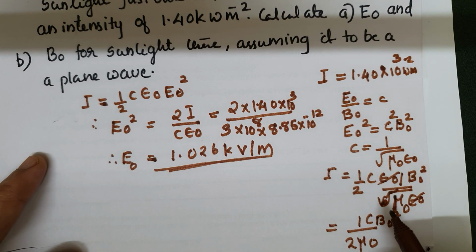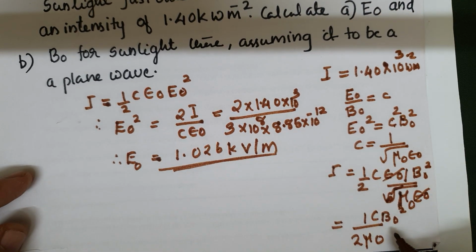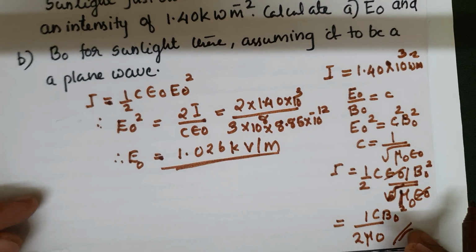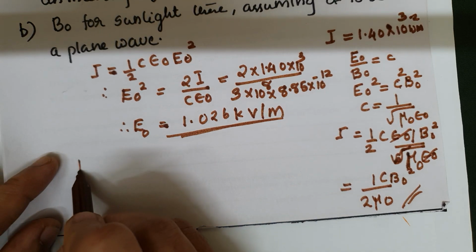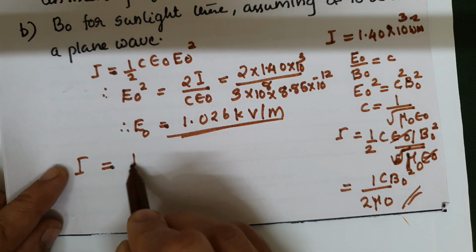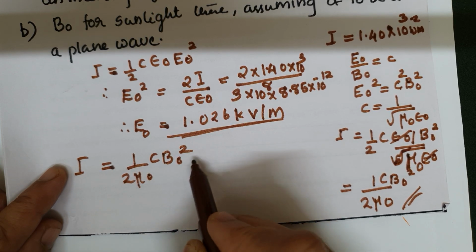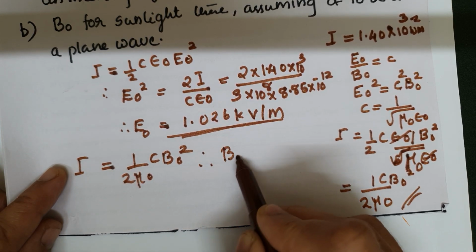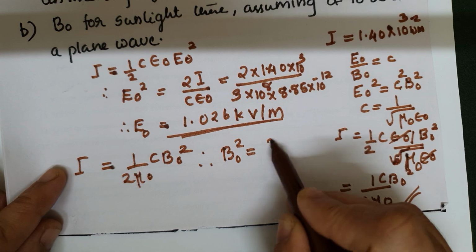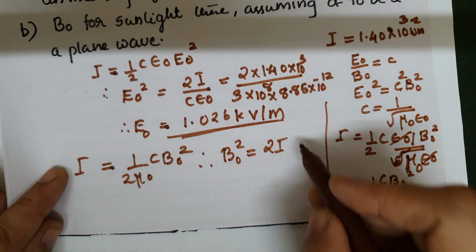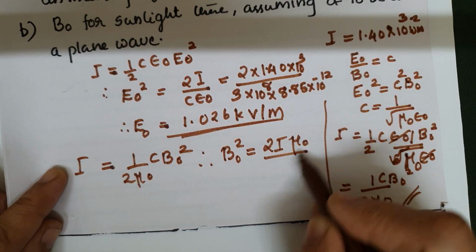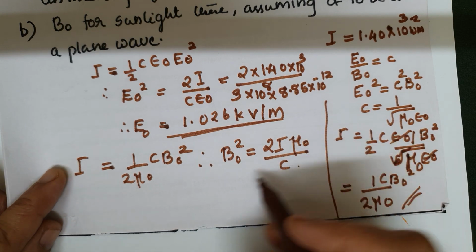So the intensity is equal to 1 by 2 mu 0 c B0 square. Therefore, B0 square is equal to 2I mu 0 divided by c.